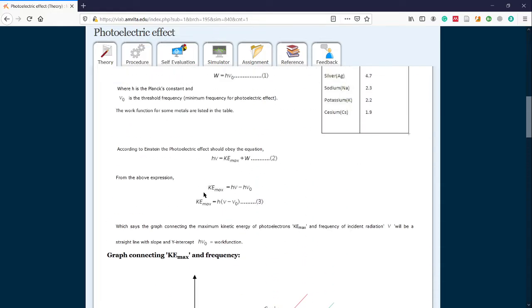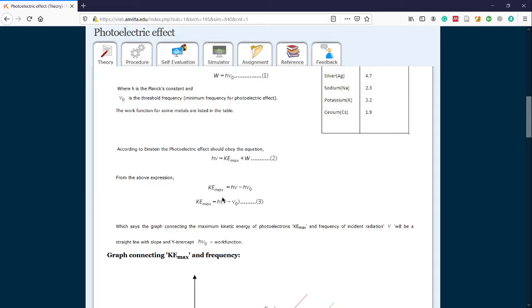By putting this Ke max value here and knowing the work function and the incident frequency, from the work function we can correspondingly find nu 0, that means the frequency at which the photoelectric effect is going to happen. So we change the nu value and observe at what nu value the photoelectric effect is observed.